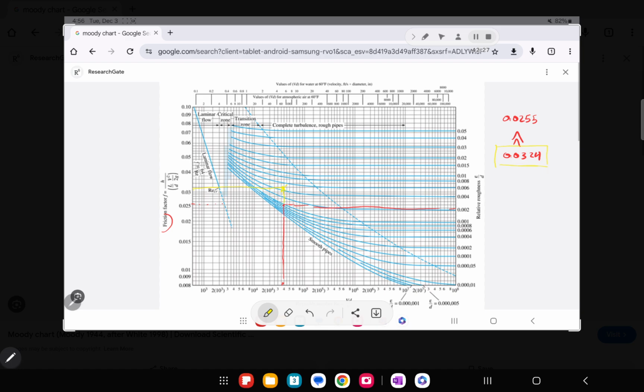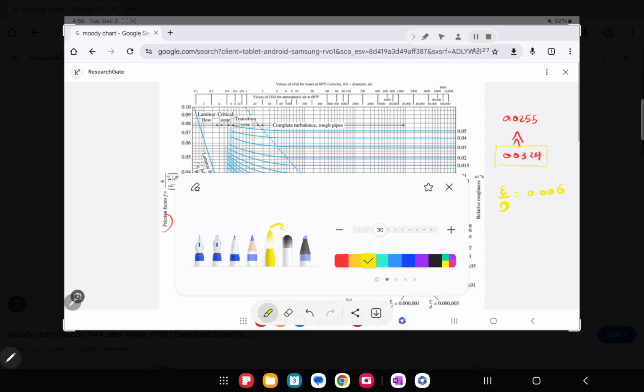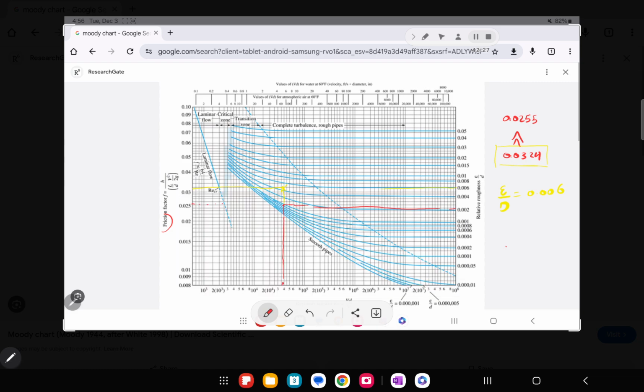And if you see, it means that the epsilon over d should be around 0.006, but the epsilon over d in our calculations was 2.5 10 to the minus 3.